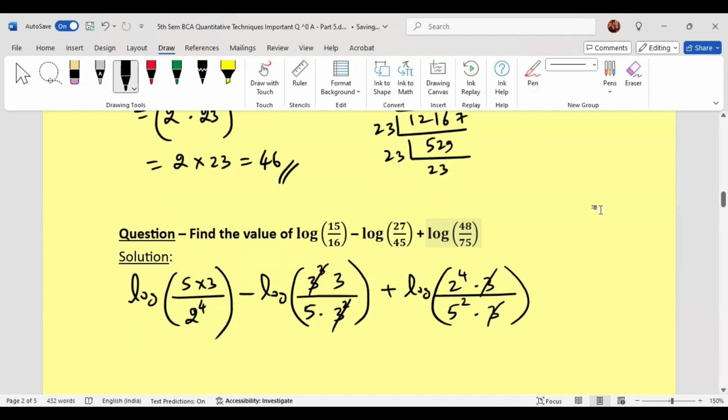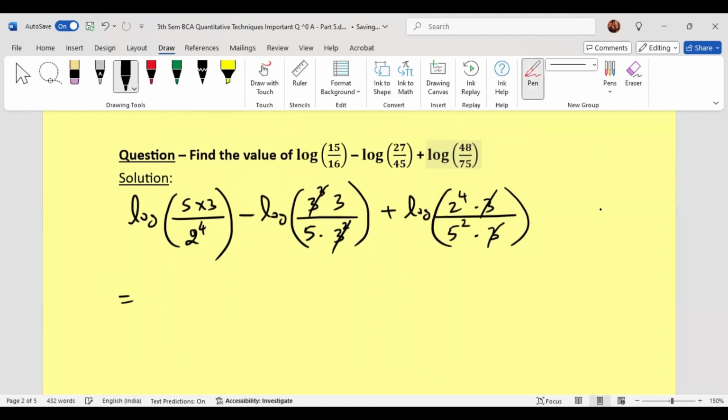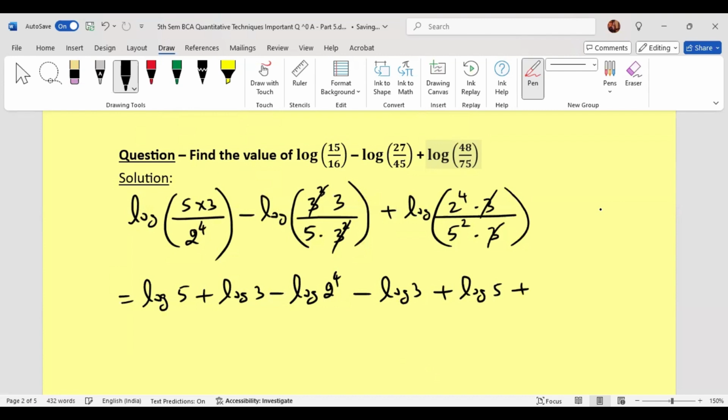Now this can be further simplified as logarithm of AB in the numerator, so it is log A plus log B, minus logarithm of 2 power 4, minus log of 3 by 5. That can be written as log 3 minus log 5, or minus, it becomes plus log 5, plus logarithm of 2 power 4 minus logarithm of 5 square.